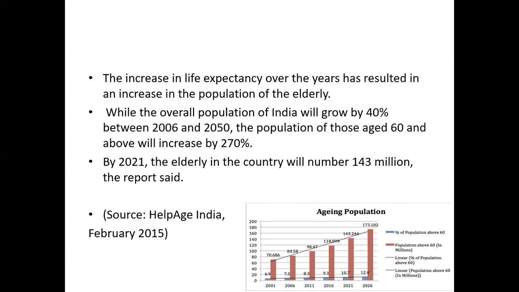When we see our parents' or grandparents' generation, we know there were many children, maybe 8 or 9 children in one home itself. So if all of them have a lifespan of 70 or 80, naturally the old age population is going to be really high.